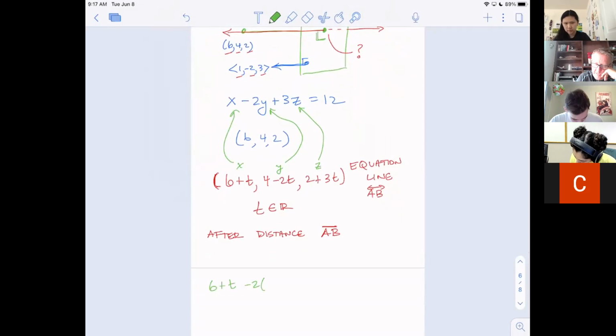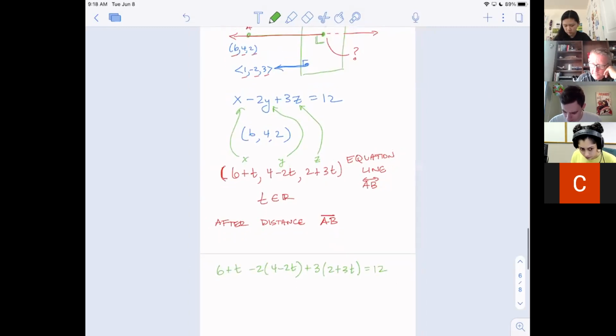So 4 minus 2t is to be replaced with y, since the y coordinate of our line is 4 minus 2t. And the equation of the plane says plus 3 times z, but we said z is 2 plus 3t. And I need that all to equal 12. If I could find that t, then I would know the coordinates of that point. Let's see if it works out.